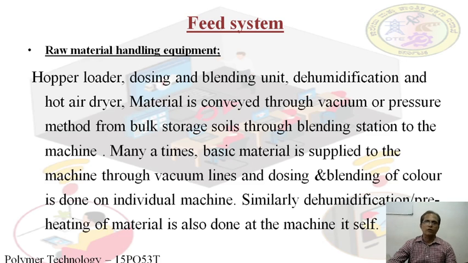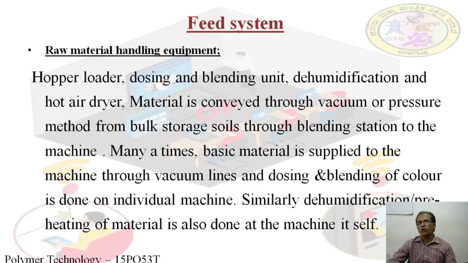Otherwise, in automatic machines, the melting capacity will be quite high and the capacity of the machine will be much more. Hence, manually we cannot charge the material. For this, we have hopper loaders.